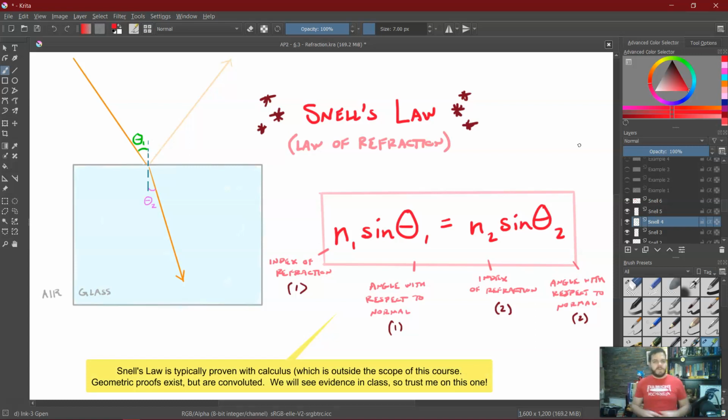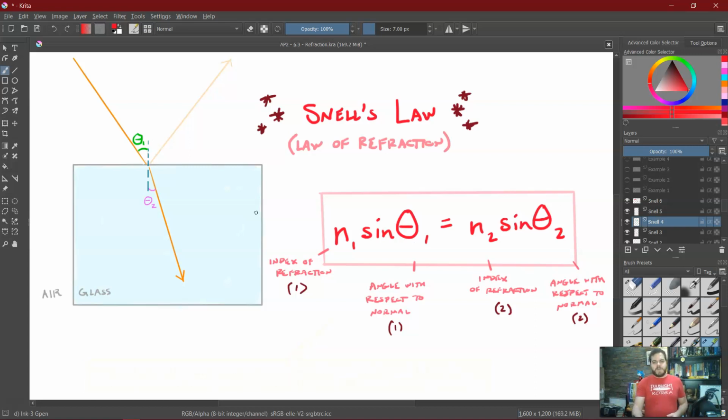In this particular situation, n1 would be the index of refraction of air, n2 would be the index of refraction of this particular glass. Theta 1 is the angle with respect to the normal of this incident ray, and theta 2 would be the angle with respect to the normal of this refracted ray. Though if you notice, we could flip these two, it doesn't really matter, but we want to make sure we have everything on the refracting side on one side, everything on the incident side on the other side.